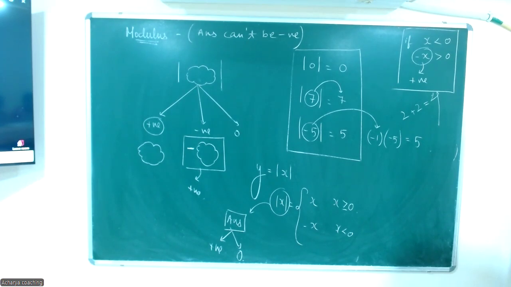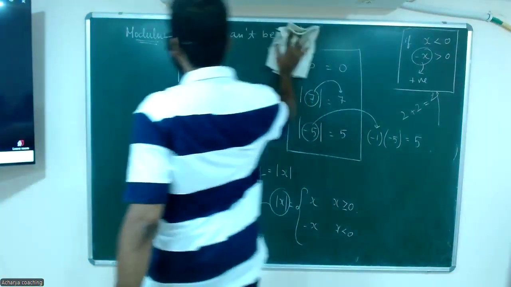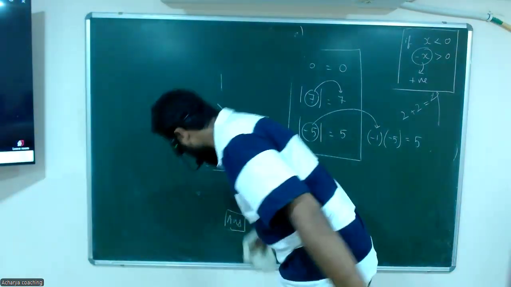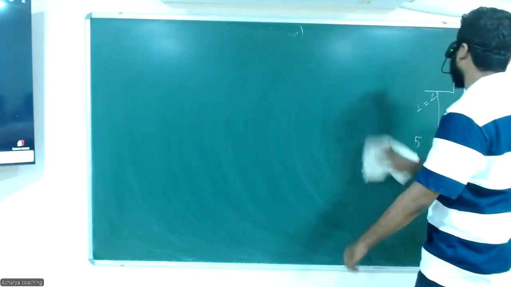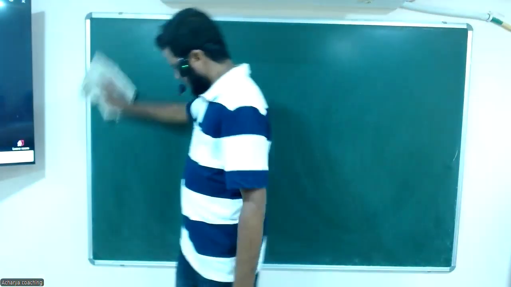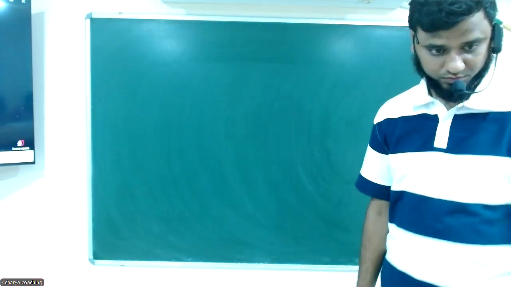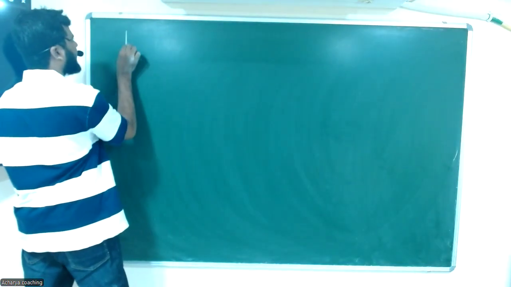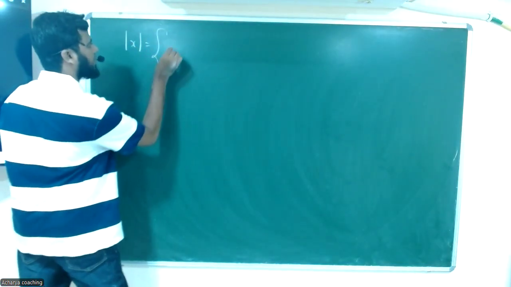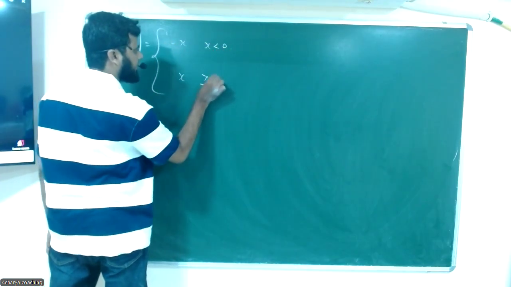Any doubts still here? Suppose, for example, I have written modulus of x as minus x if x is less than 0 and x if x is greater than or equal to 0.